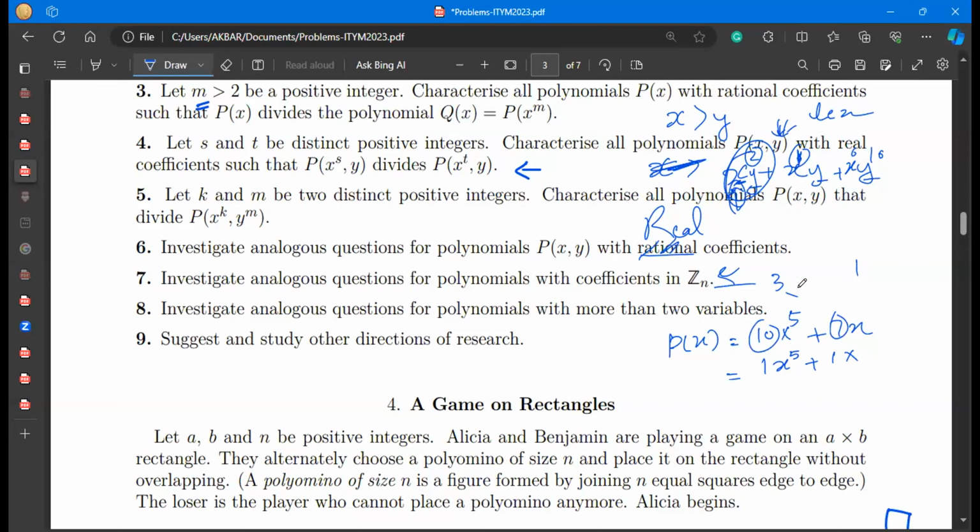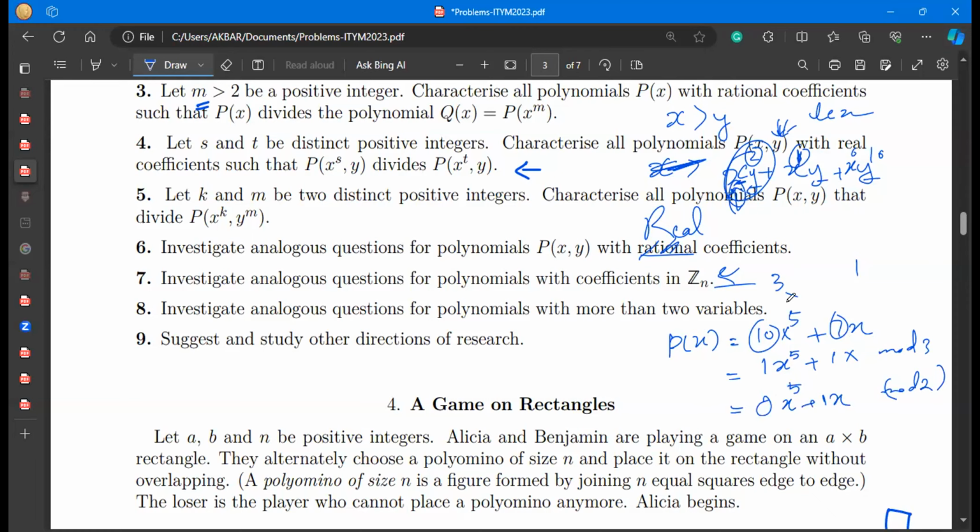If I reduce this mod 2, this is 0x to the power 5 plus 1x. This is how the reduction happens.